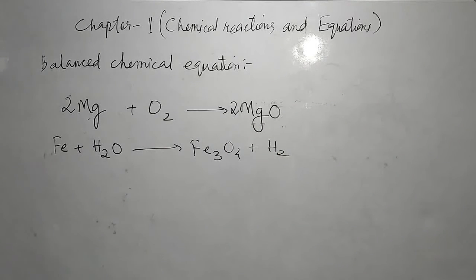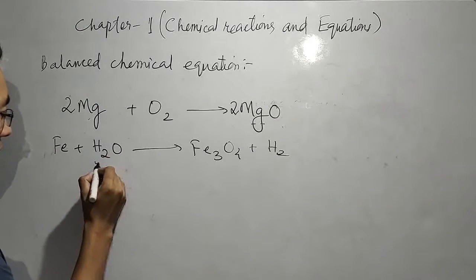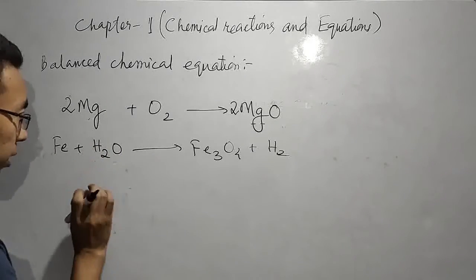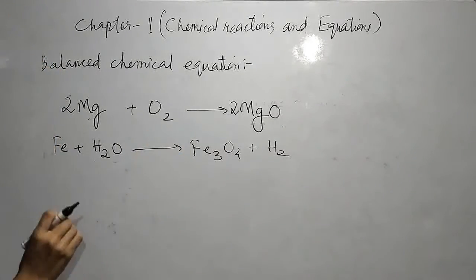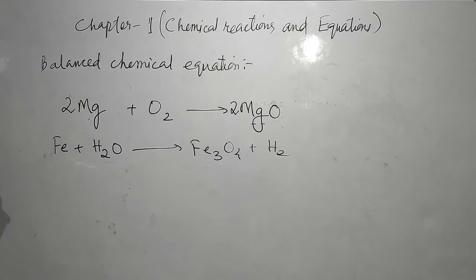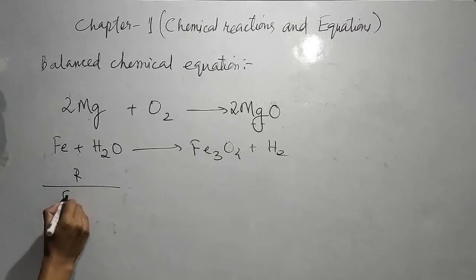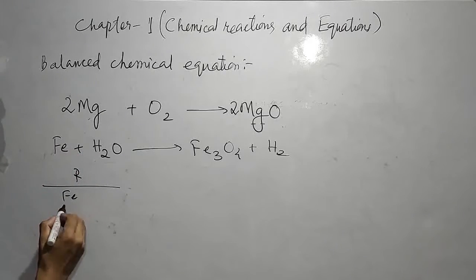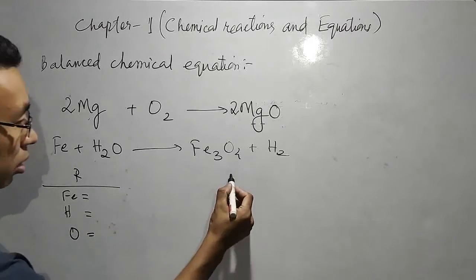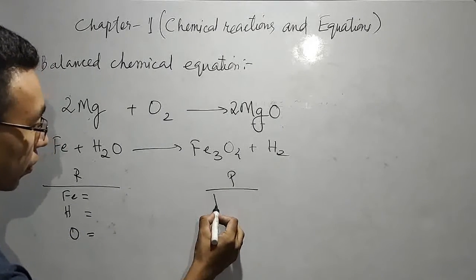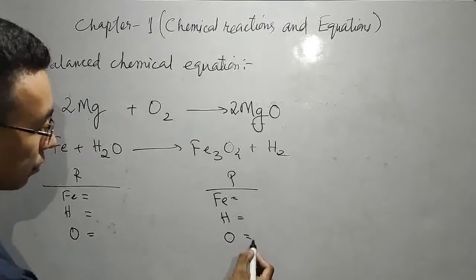In another video I will explain how we know the molecular formula should be like this, why H2O and not H and O. Now on the reactant side we write the different atoms present: iron, hydrogen and oxygen. On the product side it is Fe, H and O.